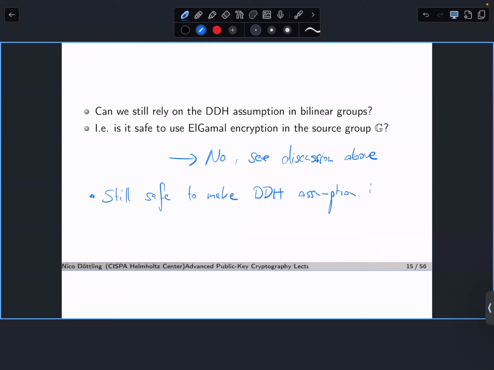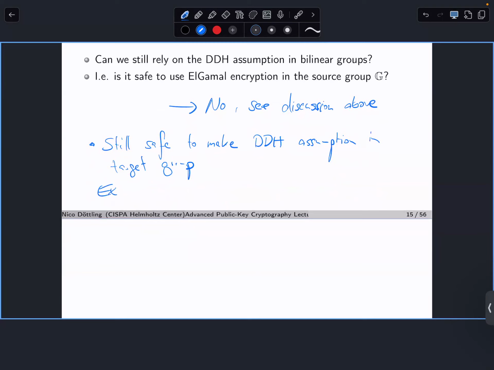By the way, now let's go one step further. I'm saying that if we make the BDH assumption in the source group, then the DDH assumption has to hold in the target group. Can someone tell me why this is the case? No, let's make this an exercise.